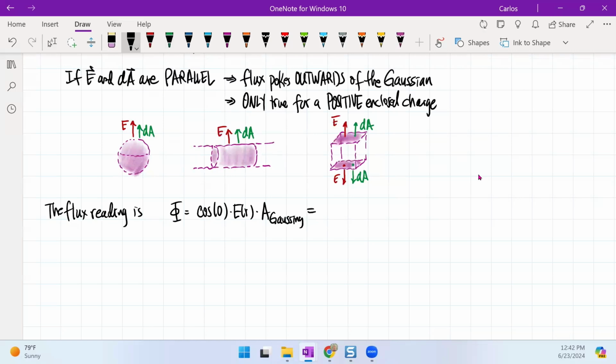And as a consequence, I get a plus sign. So that cosine gives me that plus sign. That's what the dot product condition gives me right there.